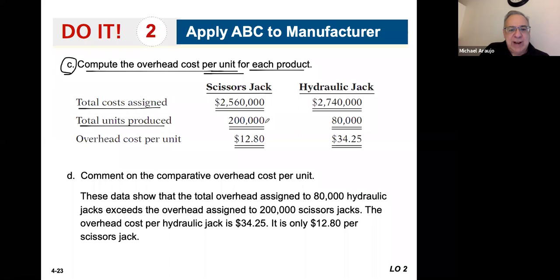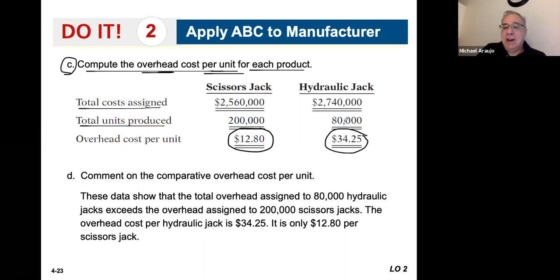And so when you divide the cost by the number of units produced, auto scissor jacks are going to be $12.50 for overhead costs per auto scissor jack. Obviously, for the truck hydraulic jack, you're only producing 80,000 of them, and it costs you 2.7 million. So it's more than 34 bucks per hydraulic jack. So a much higher cost to produce that in terms of overhead.